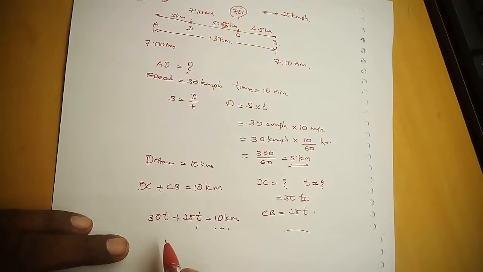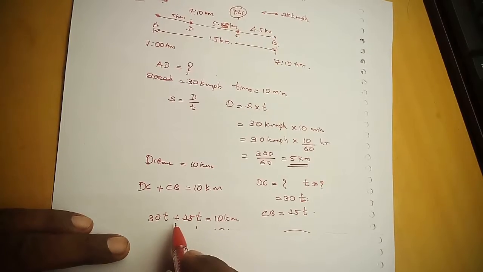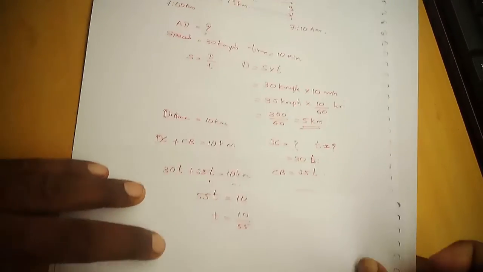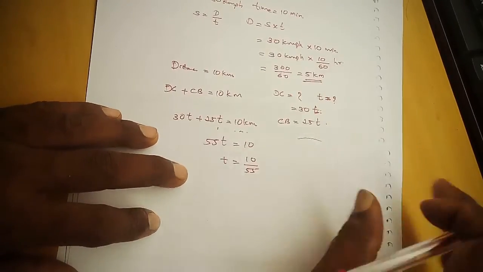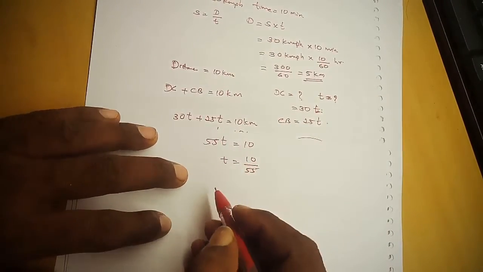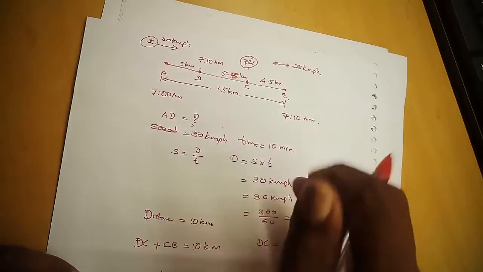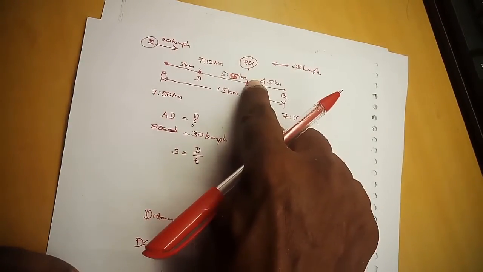So 30 T plus 25 T is equal to 10 kilometer. So 55 T is equal to 10. T is equal to 10 divided by 55. So we got the time when they will meet.